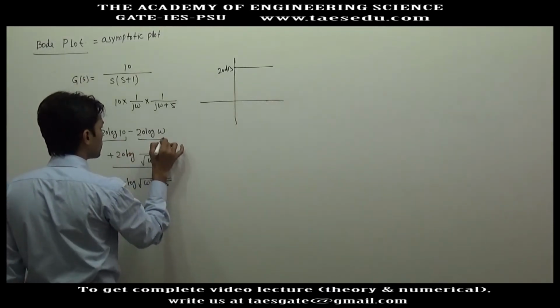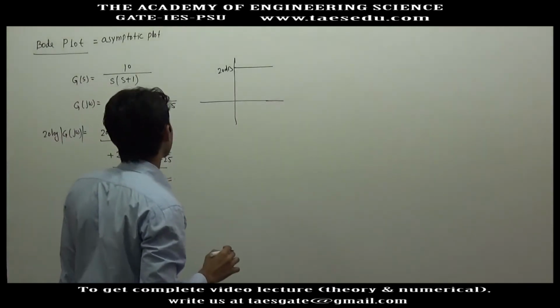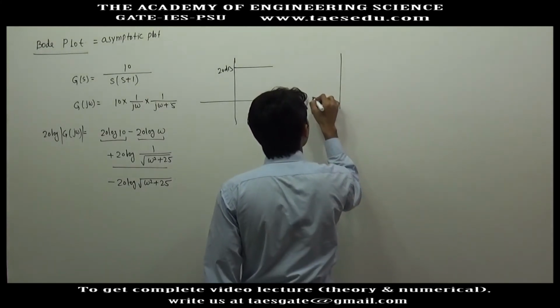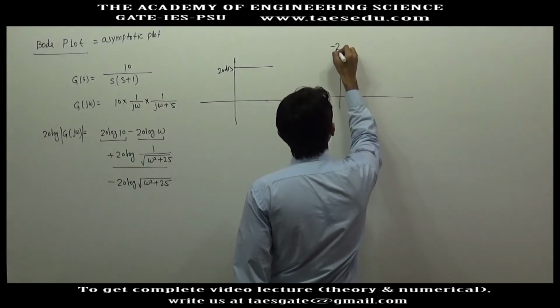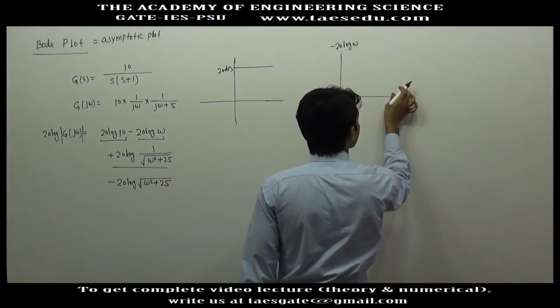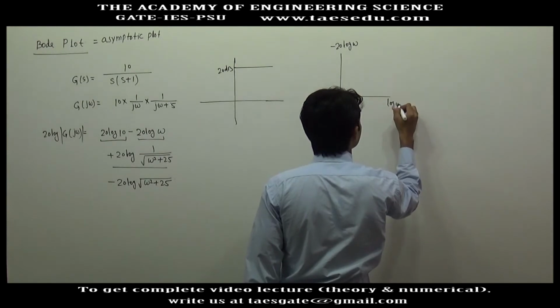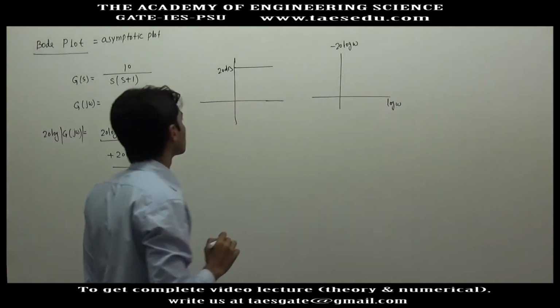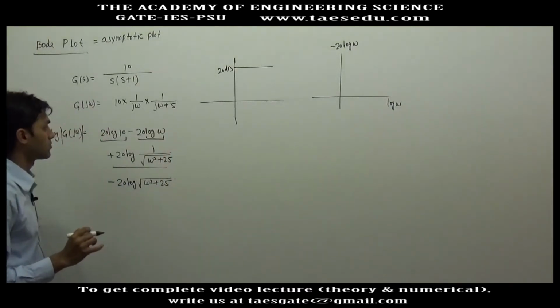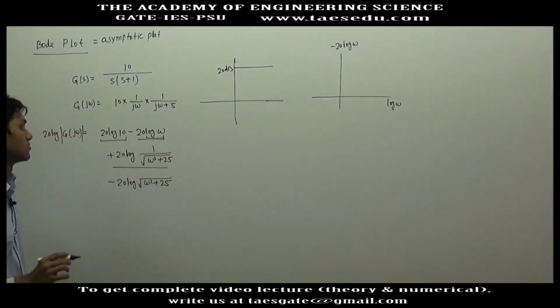What is the second graph? Minus 20 log omega versus log omega. When log omega is 0, this graph will give you 0.